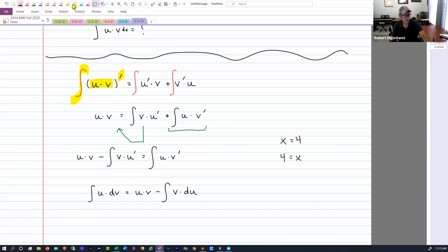Okay, so notice what I did here. It's just notation that I changed. This u prime really means the derivative of u, right? And instead of writing u prime, I wrote du. So it's just a little change in notation, that's all. And again, you'll see why I'm doing that change in notation in a second. That's your v prime is now dv, all right?